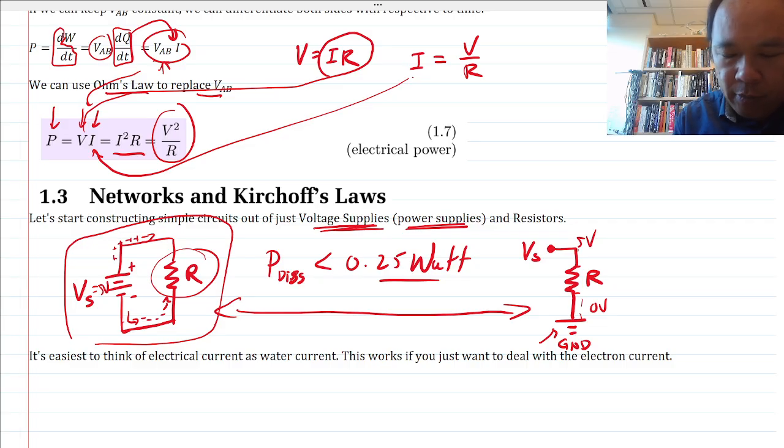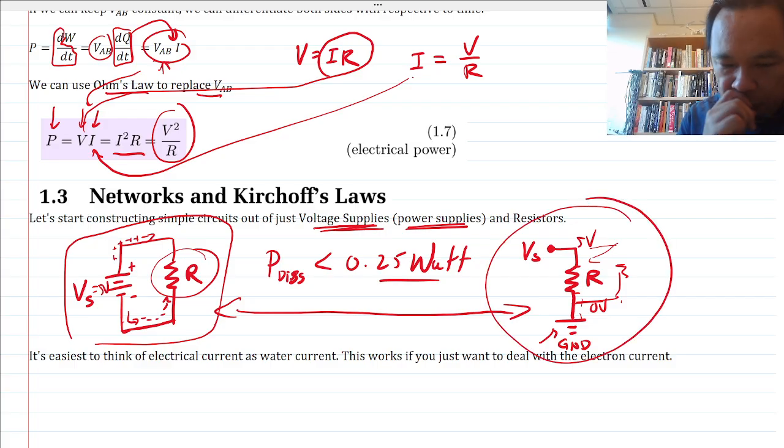A lot of times this is more useful because you're going to start connecting other things to this, and anywhere that's ground, you just connect the ground to it. Anywhere that's 5, you can connect the 5 to it. This is usually more useful schematically, but the version on the left is more useful when you're doing Kirchhoff's law and loops, because it's easier to think about. So that's why we keep them both.